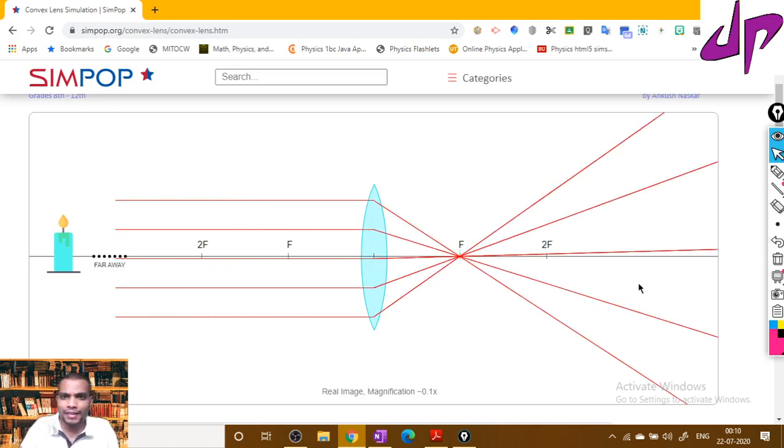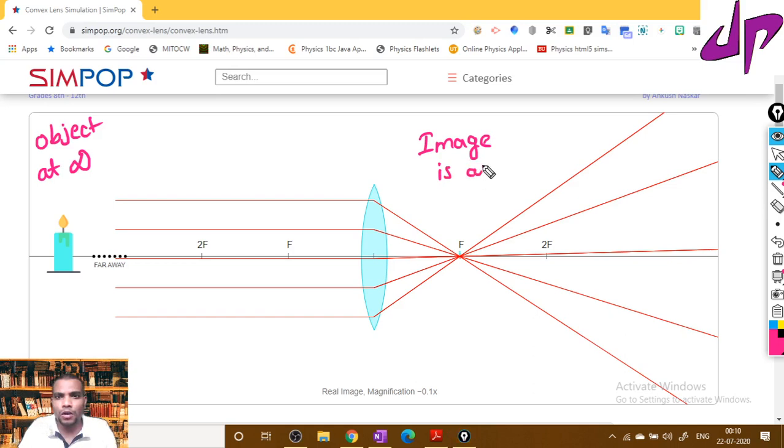If the object is at infinity, where is the image? The image is at focus.